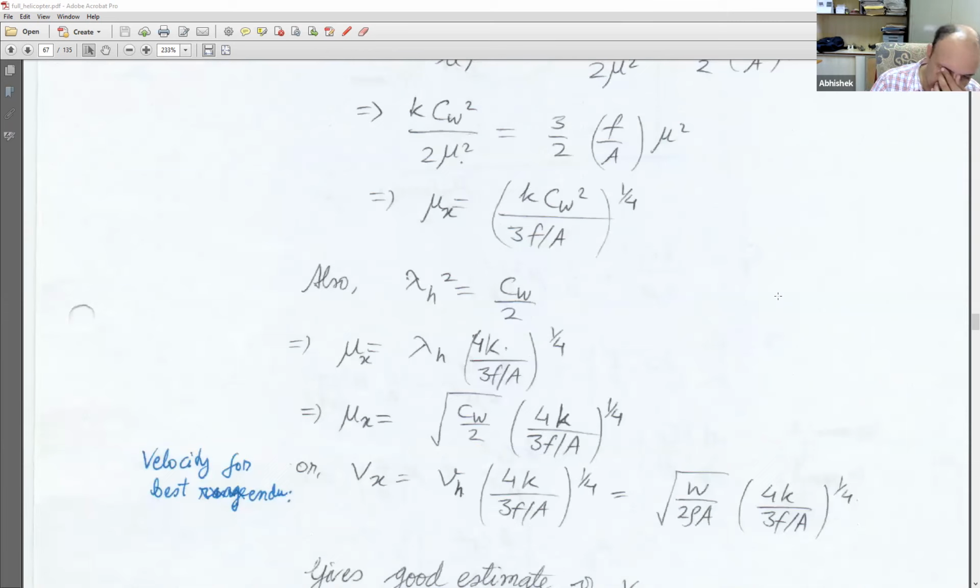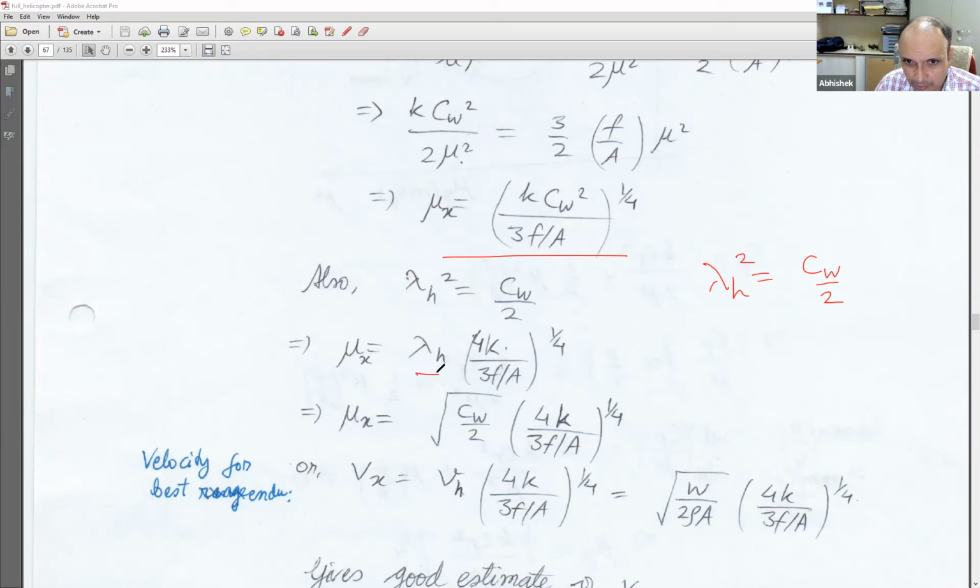Now I can do a little bit more juggling with this expression that we have obtained. Nothing very fancy. Now I can try to replace this with some other parameters, such as lambda h. For example, if you have information about lambda h, I know for sure that lambda h square equals CW by 2. So if I plug that in here, it will become lambda h to the power 4.